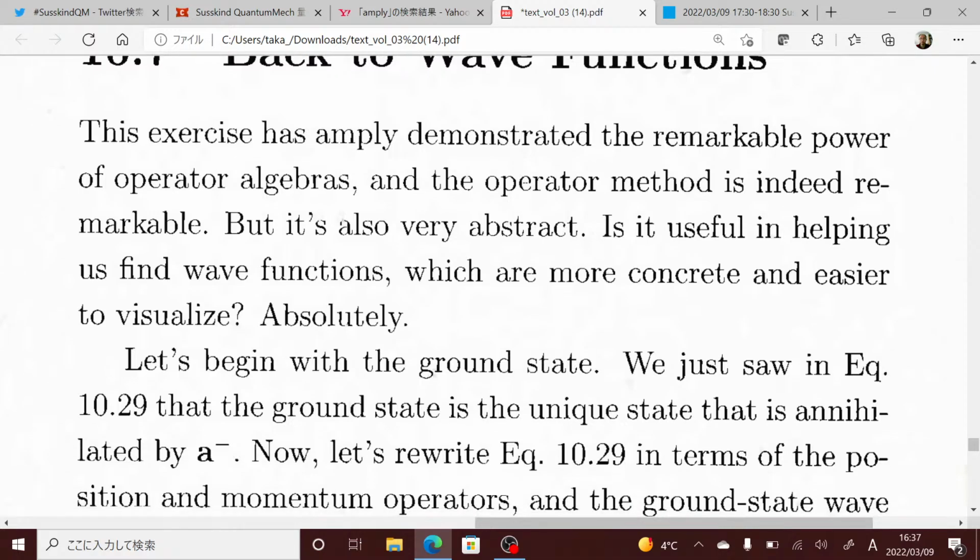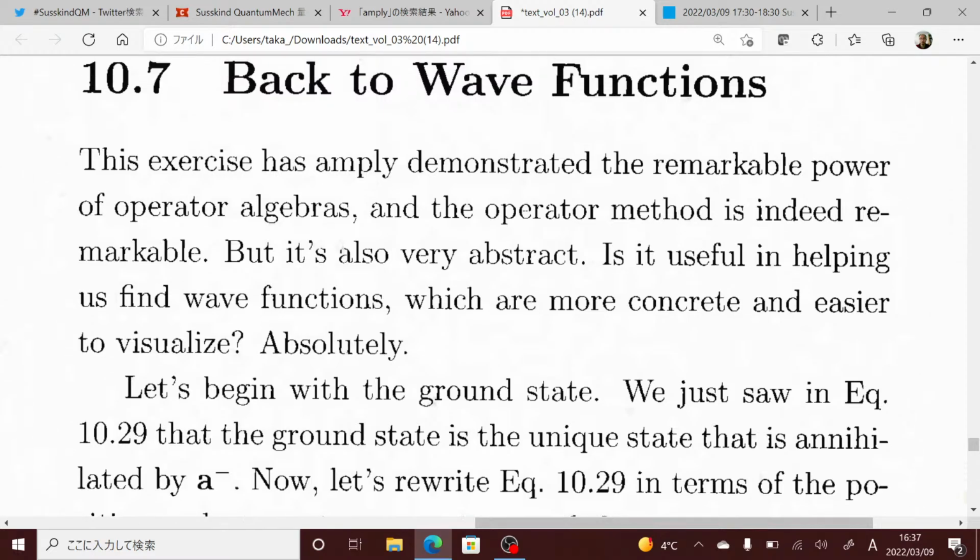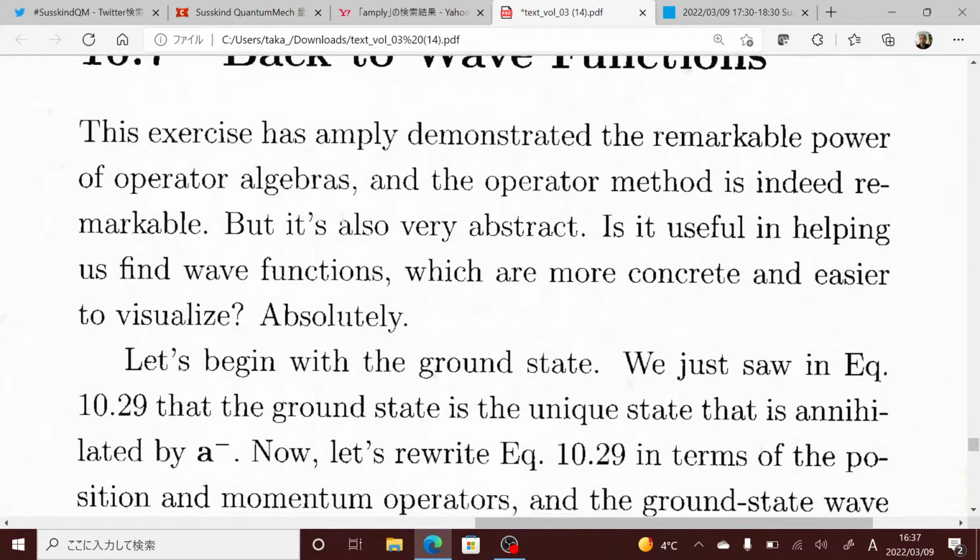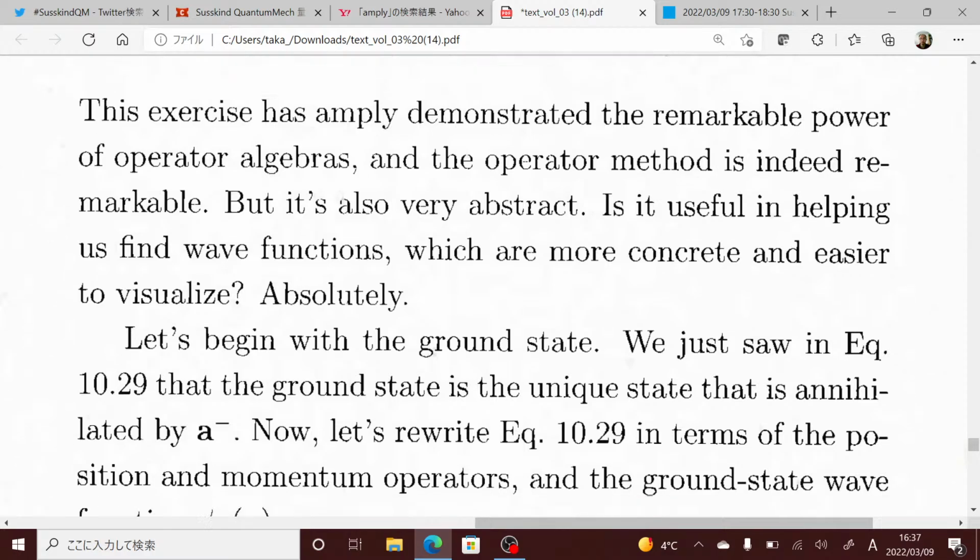And the operator method is indeed remarkable. But it's also very abstract. It is useful in helping us find wave functions, which are more concrete and easier to visualize.